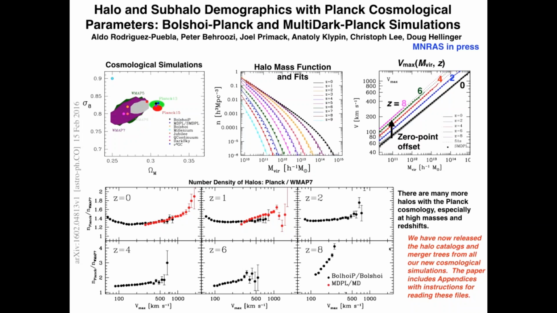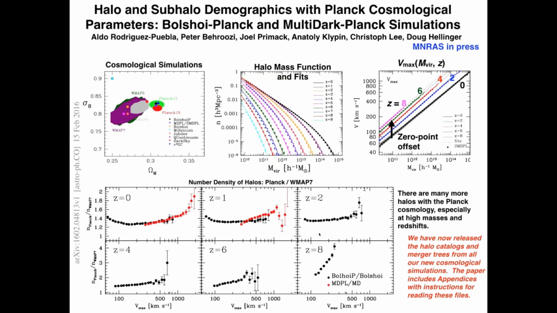So we submitted a paper in February with a tremendous amount of information about several of these large new simulations based on the Planck parameters, and we also compared them with our earlier simulations like Bolshoi and Multidark that were based on the WMAP parameters. So in the upper left corner, we compare the key parameters, sigma 8, the amplitude of the fluctuations, and omega matter for a number of the different simulations, the little dots.